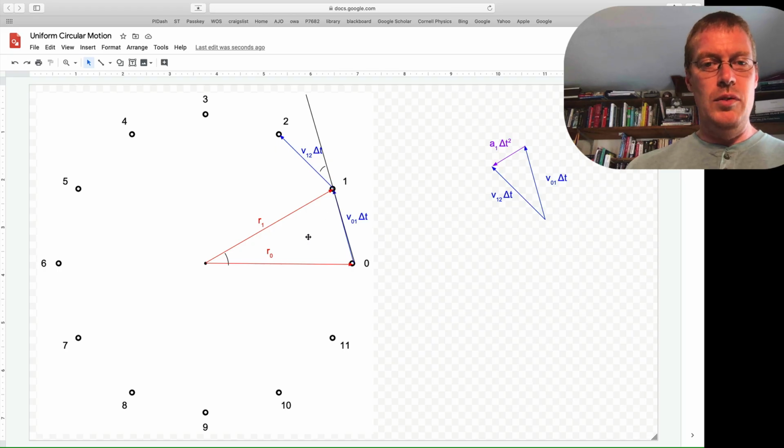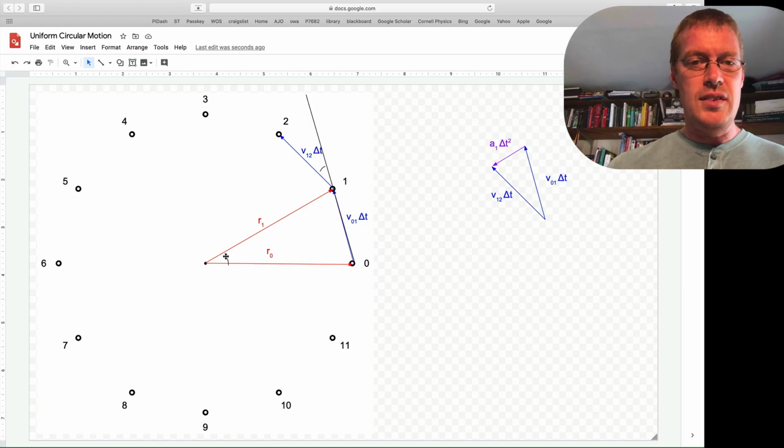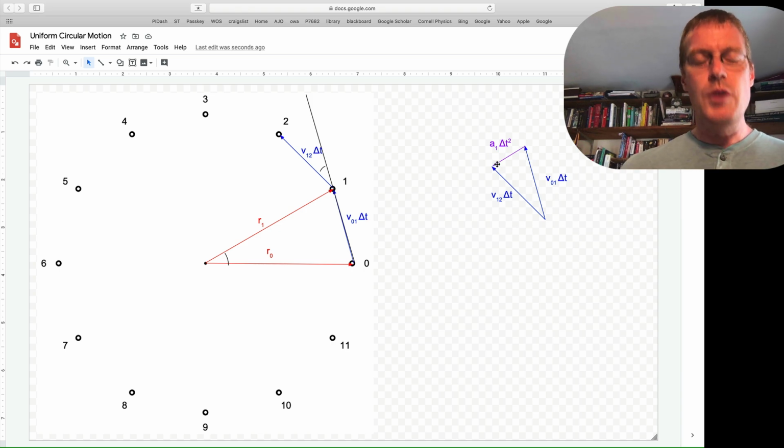Intuitively that should make sense. This angle is equal to this angle. Well, that means that this triangle down here is similar to this triangle here, which means they have the same angles. It's just that they're scaled relative to one another.